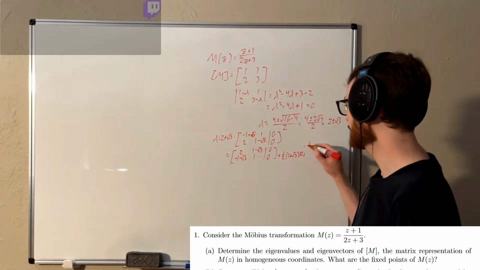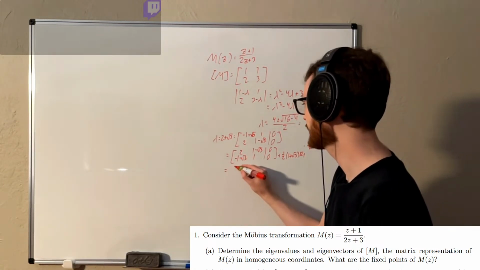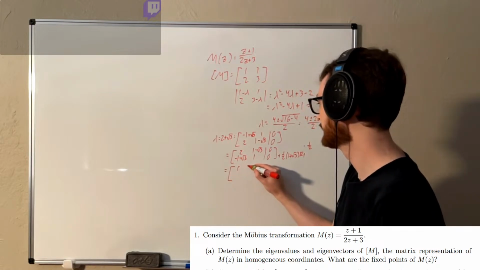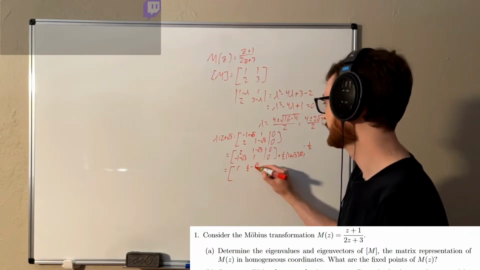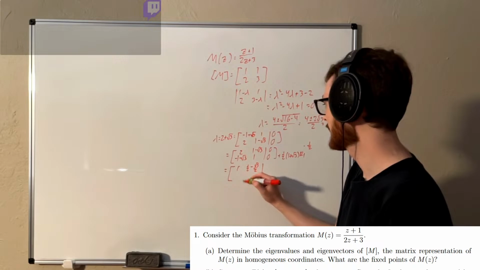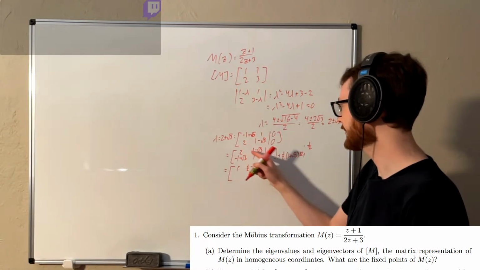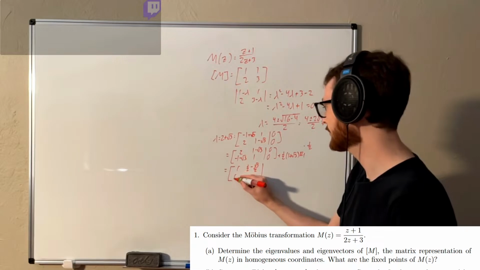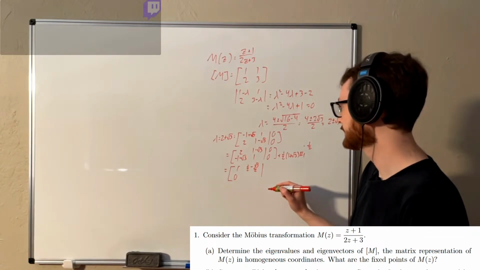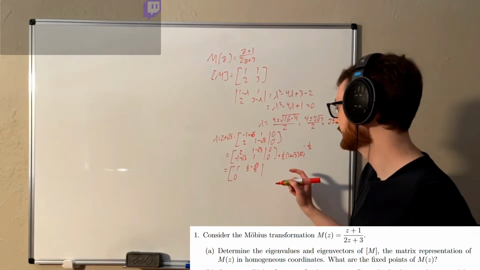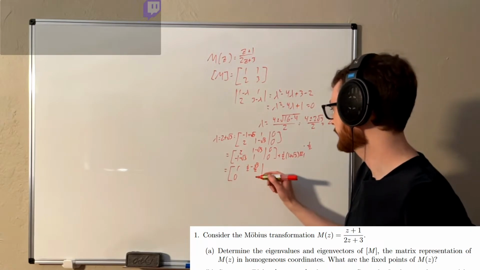Then afterwards, we're going to multiply row 1 by a half. Ideally, this becomes 0, because 1/2 becomes 1, and then we get 1 plus root 3, plus root 3.